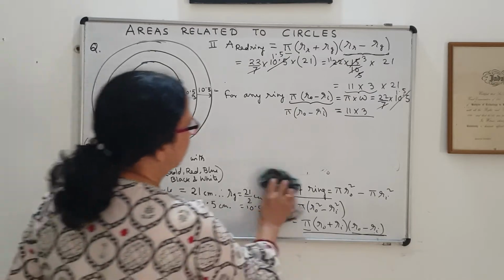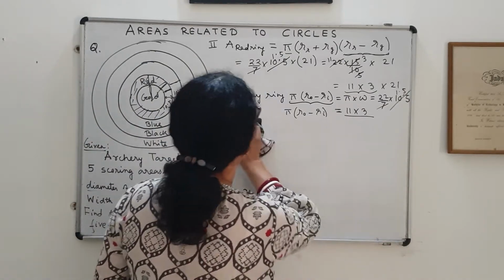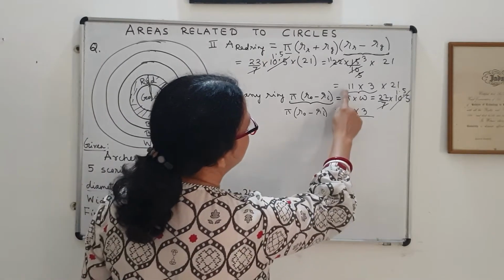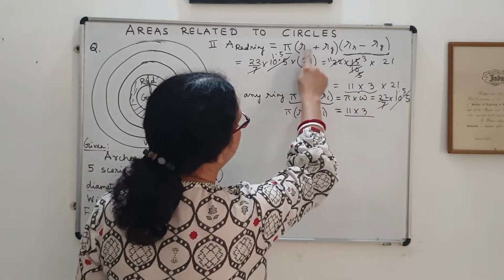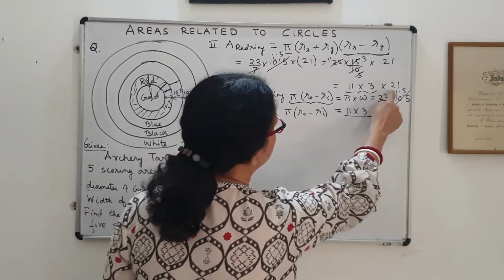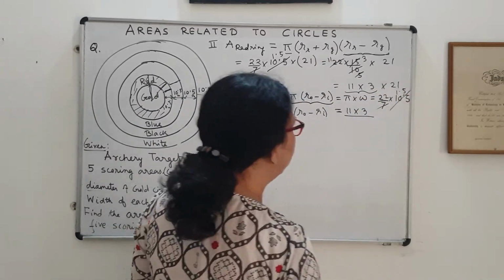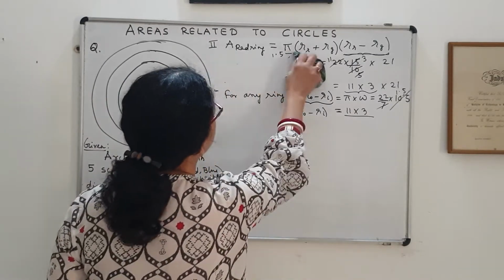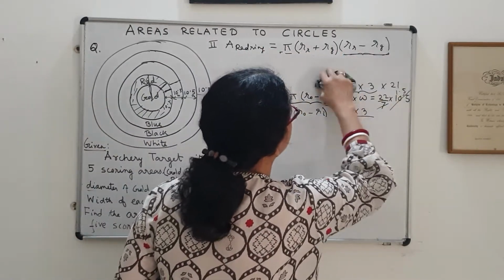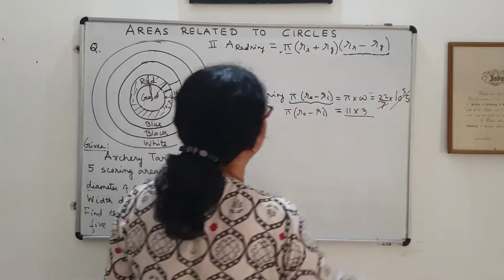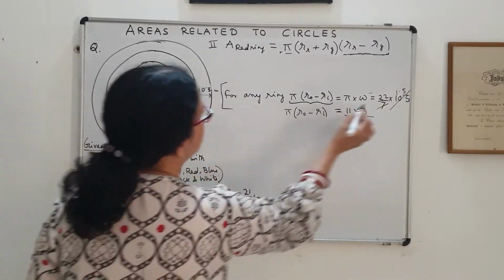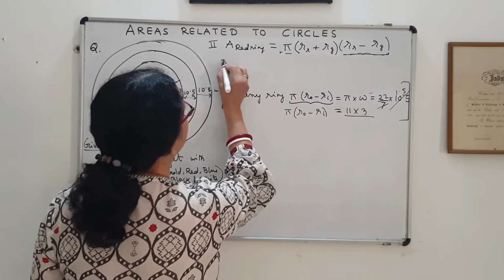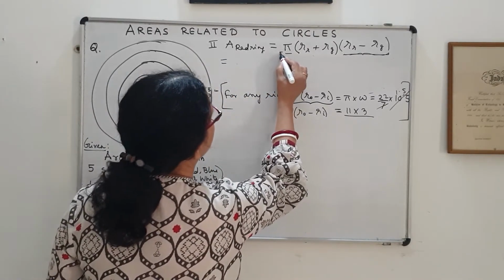So what will I do? For the area of the red ring, this 11 into 3 is fixed, into this sum, Rr plus Rg, which is 21. I can calculate this very easily. Let me write it again.